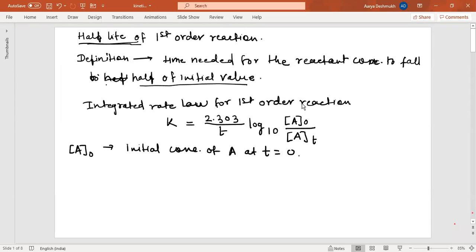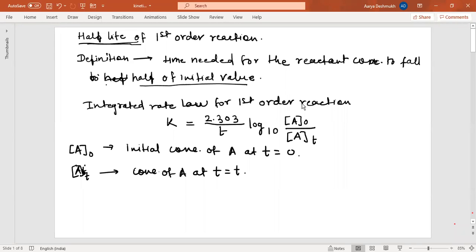And that is A_t, the concentration at time t. I'll write this t here. So this is the concentration of A at t equals t.